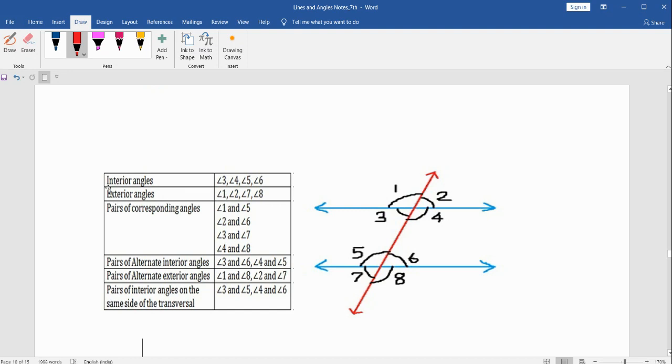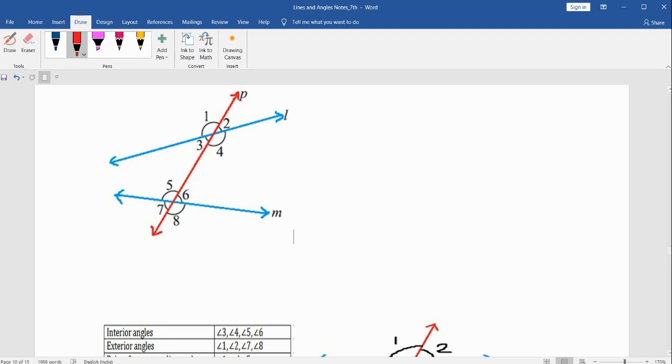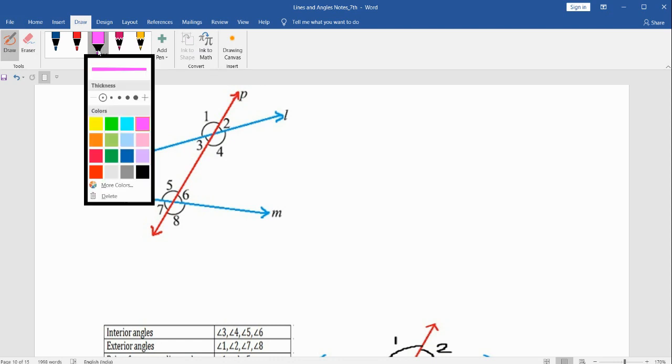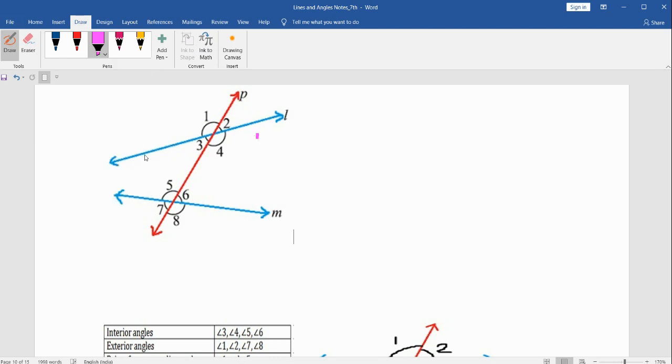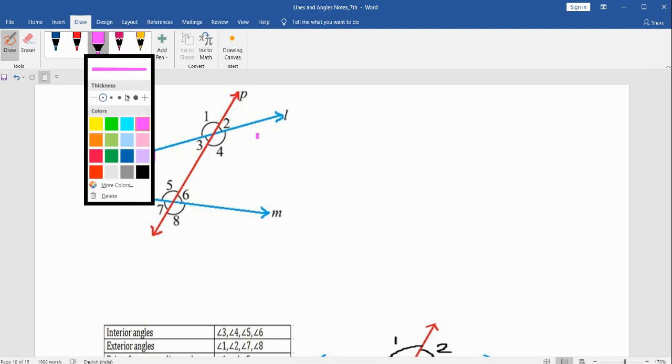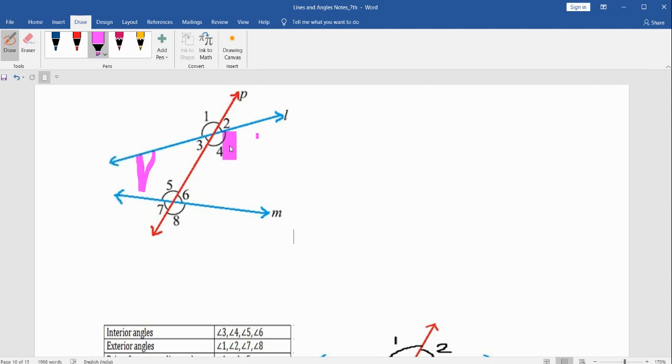Now, the first one is, before we go ahead, let me tell you one more thing. Sorry, I forgot. If I highlight this part, you can see that between these blue lines, this area is your internal part.